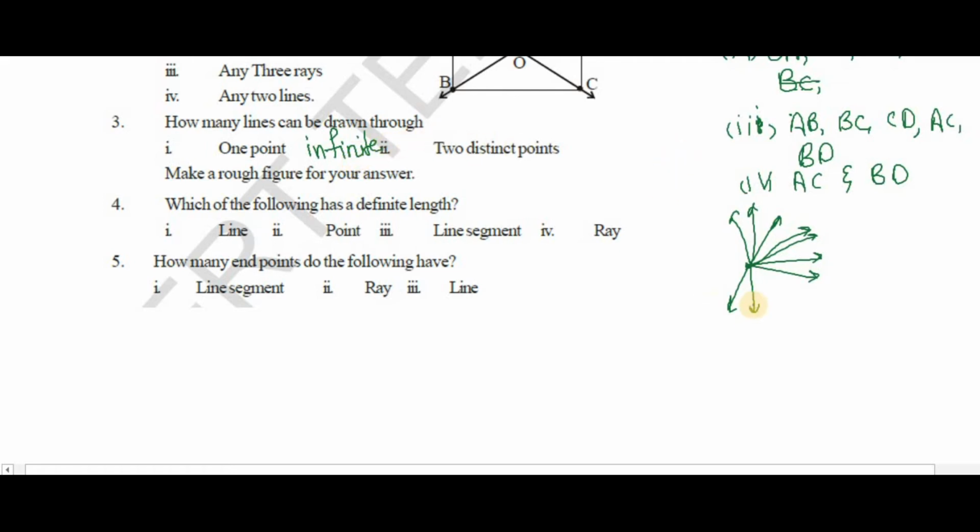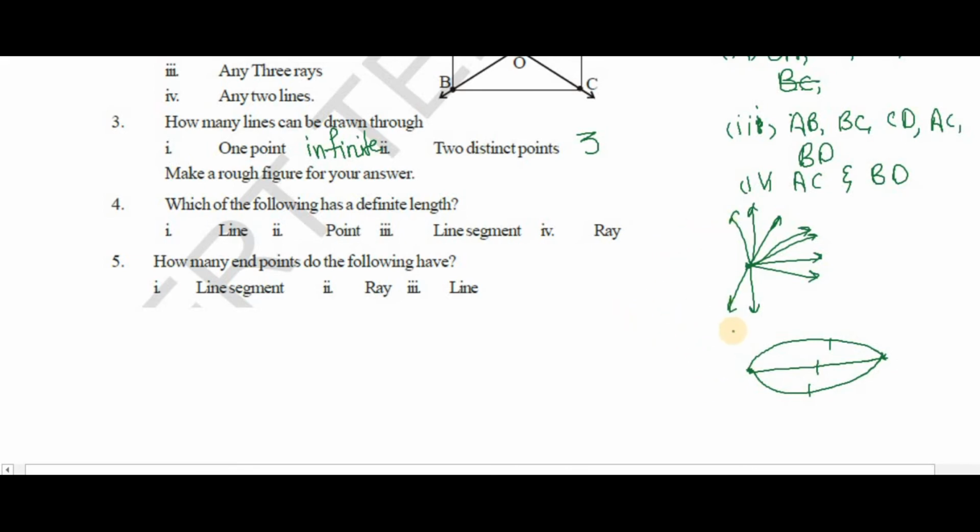With two distinct points, what does it mean? There will be a particular distance between them. How many can I draw? Like this I can draw. In this way I can draw. In this, because he didn't ask you this, right? So that is the reason we can draw how many lines? 3 lines I can draw. Make a rough figure for your answer. So this is the rough figure for my answer.